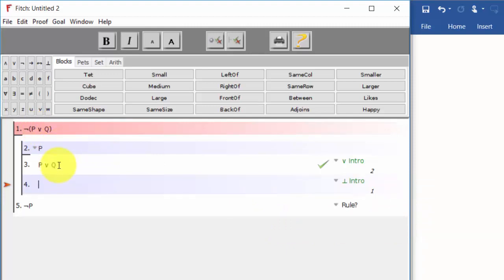Where is that contradiction coming from? It's coming from the fact that 3 asserts a proposition to be true and 1 asserts that very same proposition to be false. So I cite 1 and 3, and that gives us our contradiction. Well, okay, so in proposition 2, I had assumed P, and I wanted to see if I could prove myself wrong.